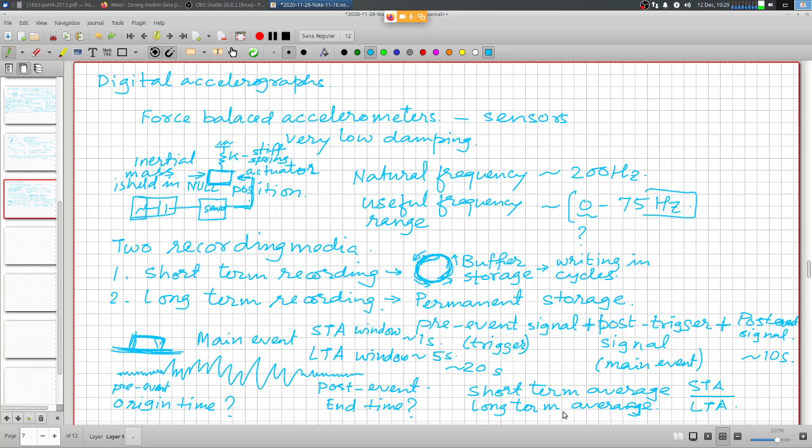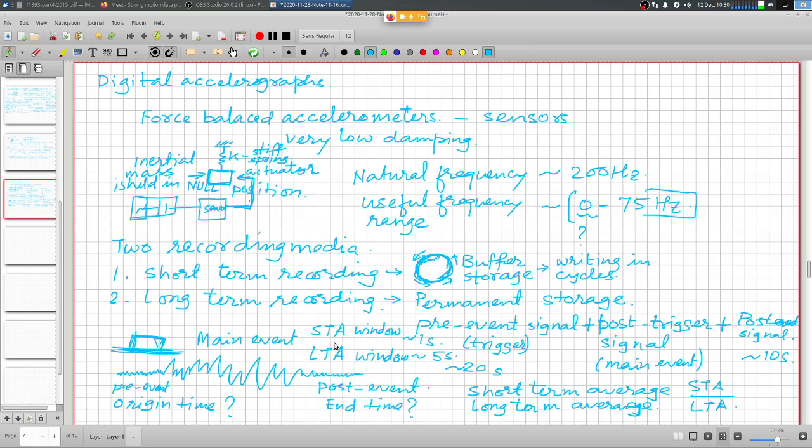So I compute this ratio STA versus LTA. You will find that for the segment where there is no earthquake activity, this STA LTA ratio is of the same order. There is not much happening, so it will be approximately unity.